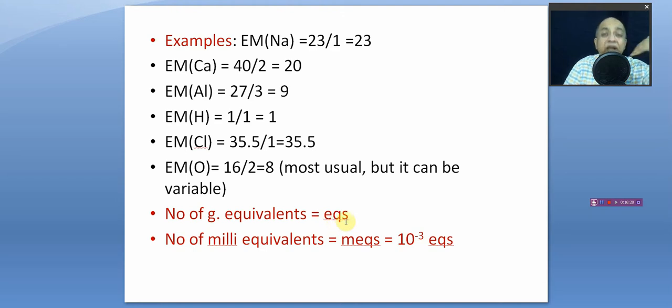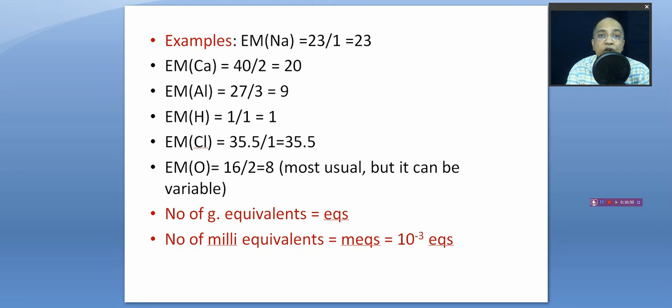We say equivalents but write EQS, and most of the time we will be using milliequivalents, because that will be a bigger numerical value, which we can easily handle for calculation, addition and subtraction.